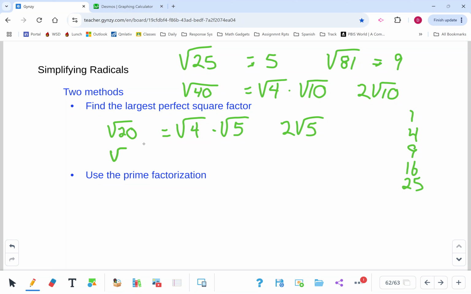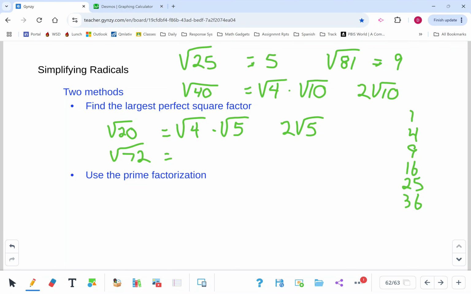So what if we're asked to simplify square root 72? Okay, there's no whole number that works. So using this find the largest perfect square factor, we're going to say, well, 4 goes into 72, and 9 goes into 72. 16 doesn't. 25 doesn't. Does 36 go into 72? Well, yeah, it does.